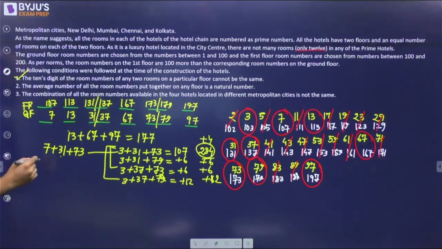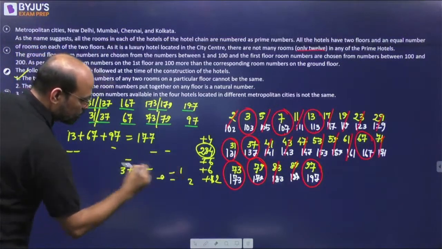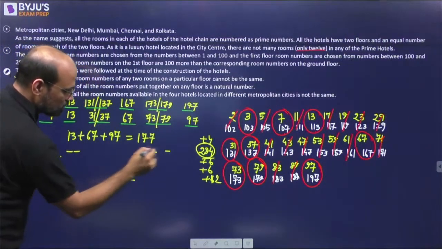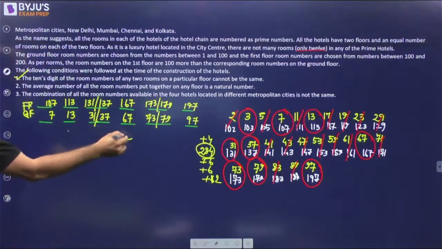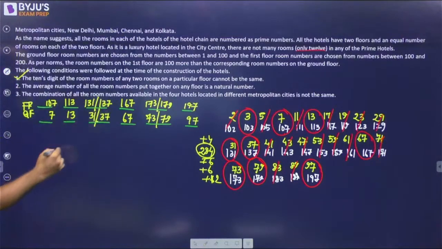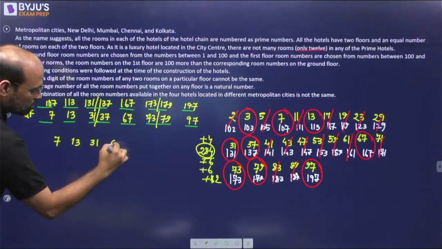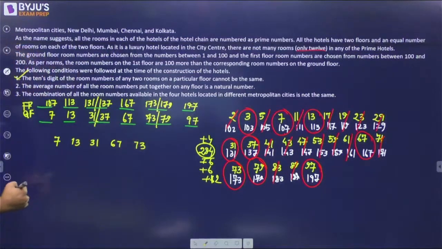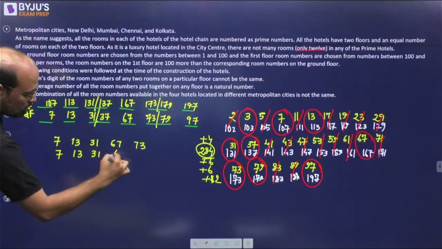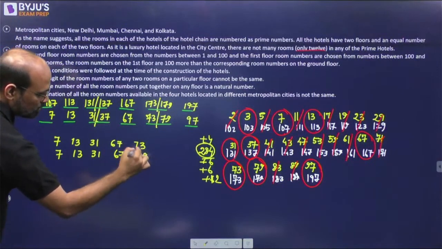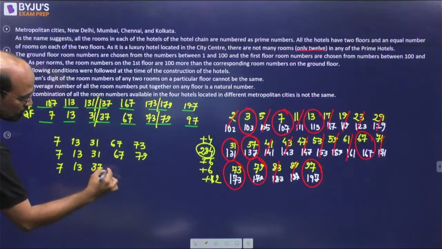Which ones will work? So let's erase this. We have checked for 3. So we will have 7, 13, 31, 67, 73; 7, 13, 31, 67, 79; and instead of 31, let's take 37 now.